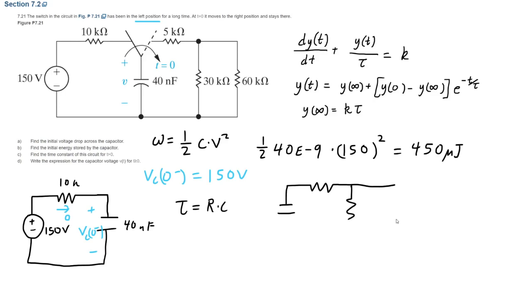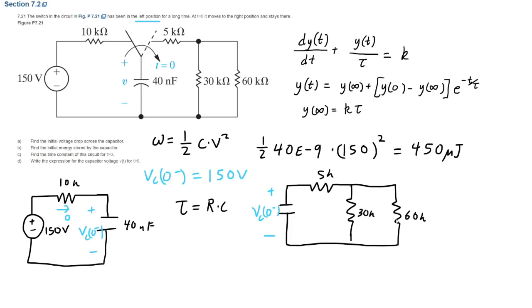And then these two, the 30K and the 60K in parallel, all connected together, 30K, 60K, 5K. And we still have that initial voltage, VC0 minus. We're not worried about that just yet.